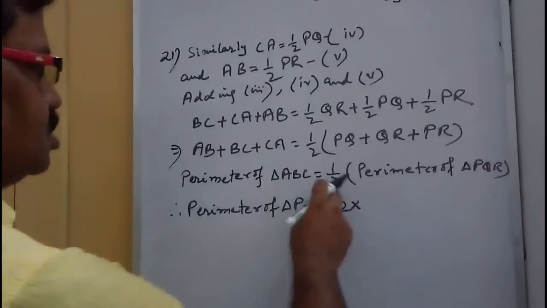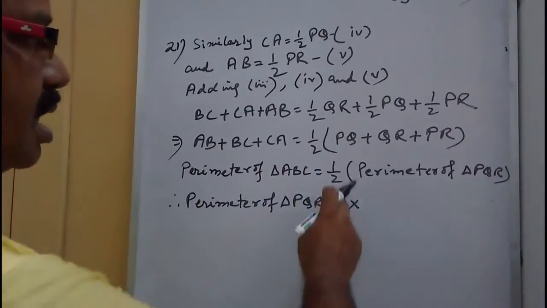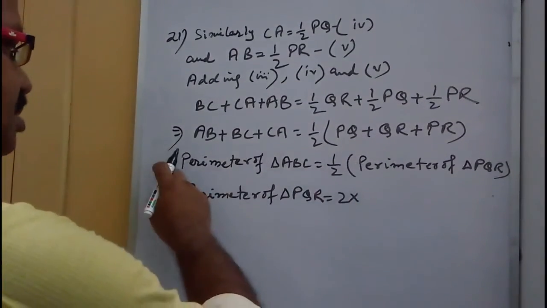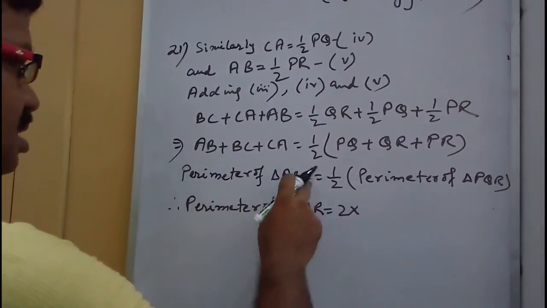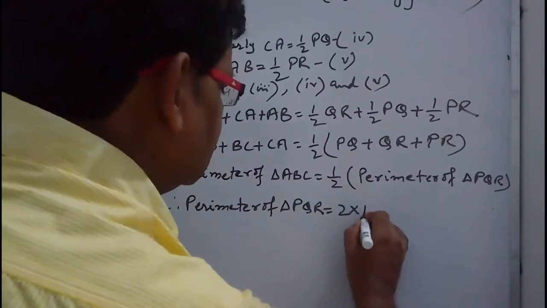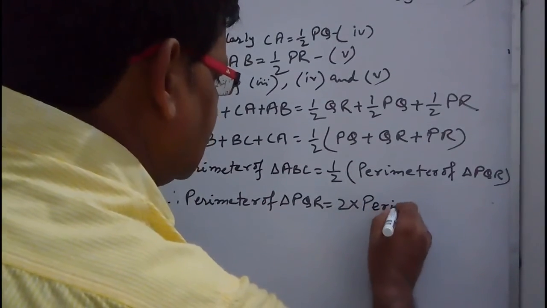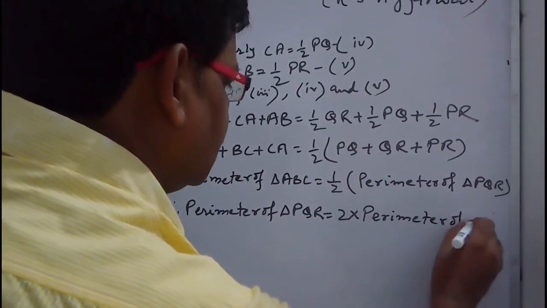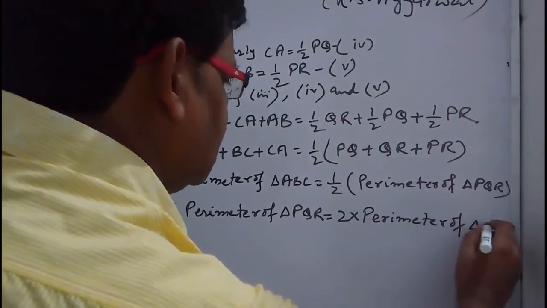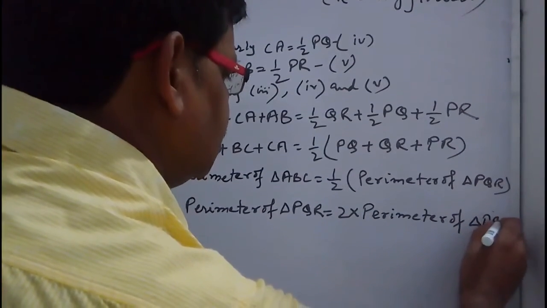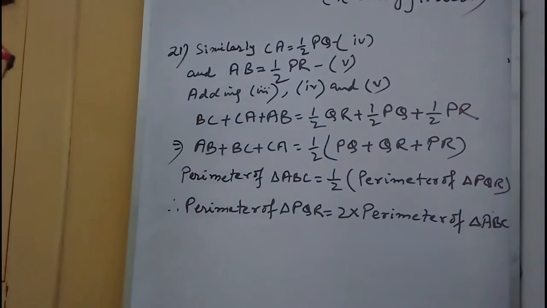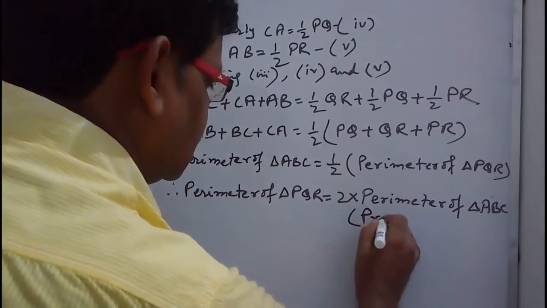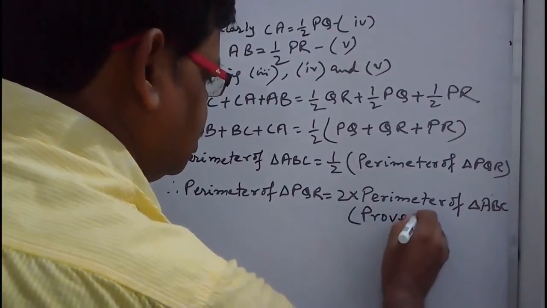Take the 2 on the left hand side, on the right hand side it is in the denominator, when it comes to the left hand side it will multiply with this one, so 2 into perimeter of triangle ABC. So this one you have to prove, right here, proved.